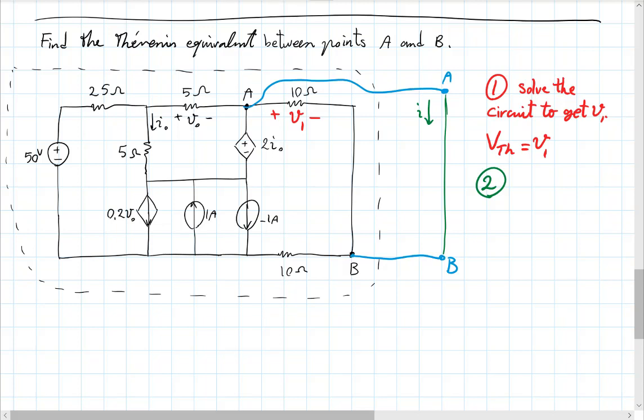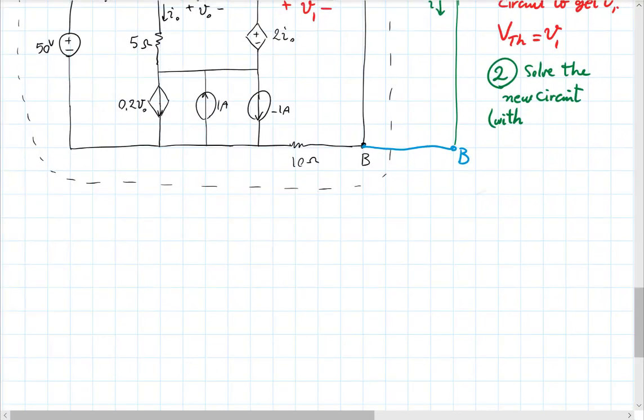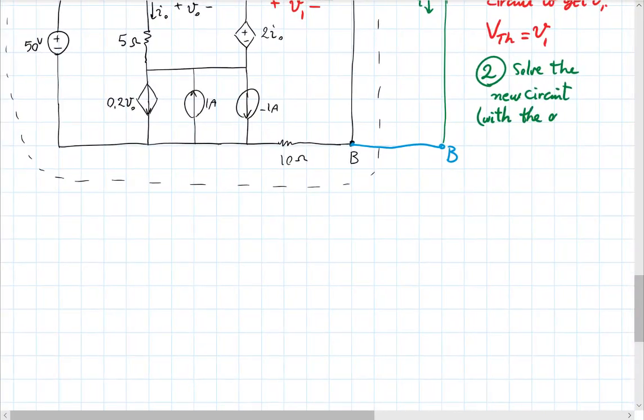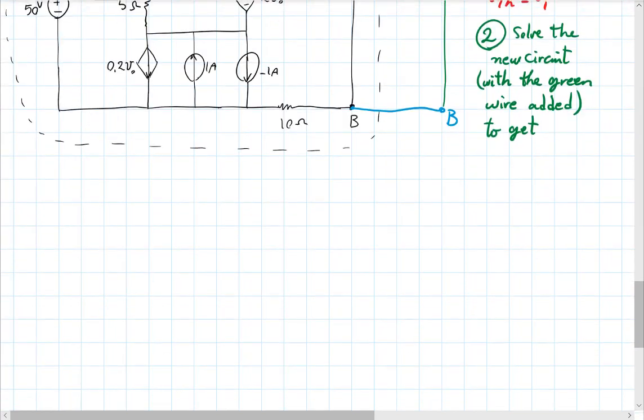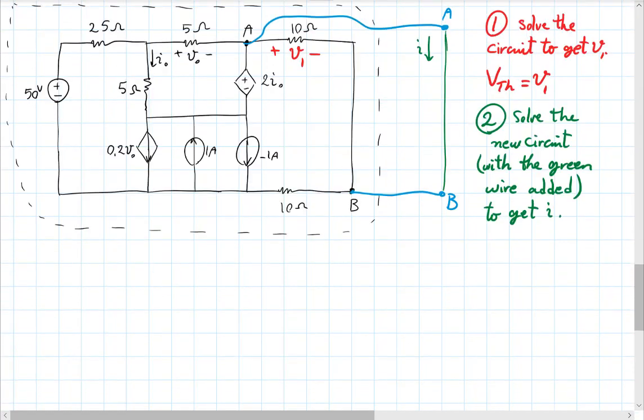So for step two, solve this new circuit with the green wire added, to get, let's call this I, as indicated.